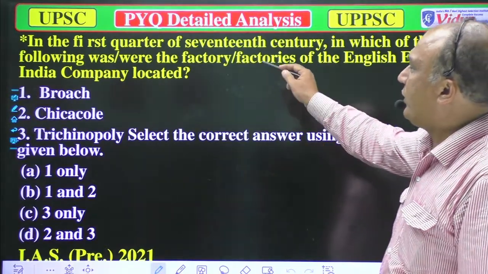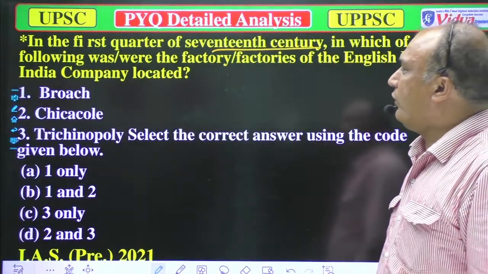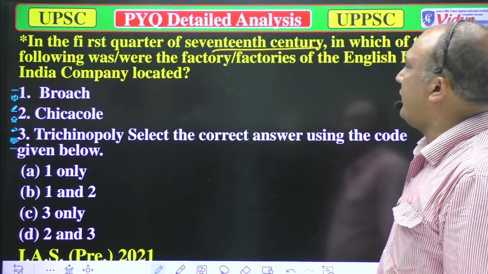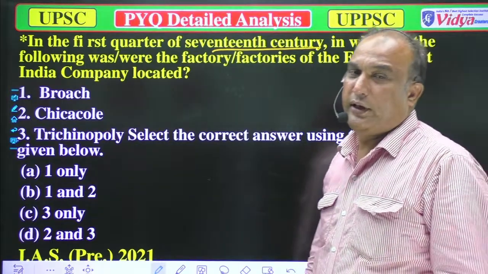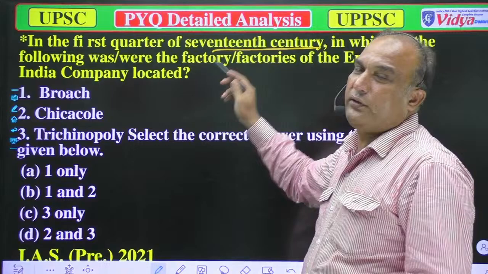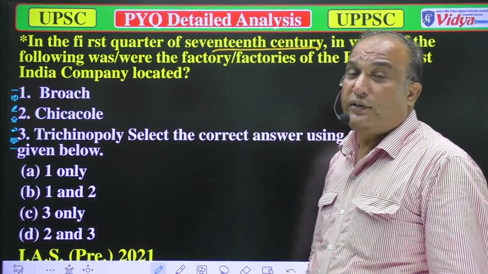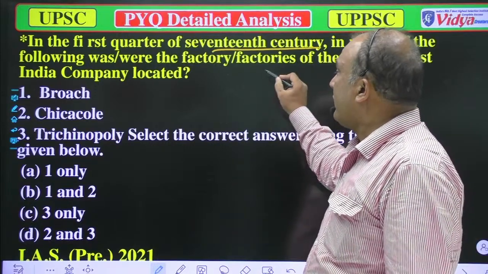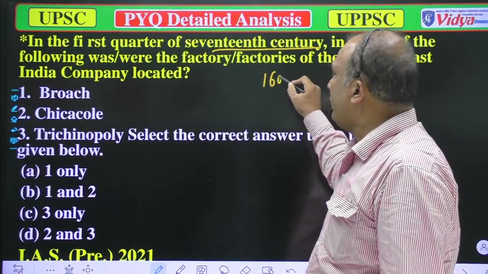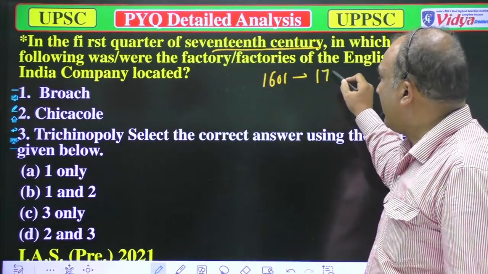In the first quarter of the 17th century, in which of the following were the factories of the English East India Company located? We are talking about the first quarter of the 17th century. There are many such questions. If we consider the 17th century, the time of the 17th century starts from 1601 to 1700.